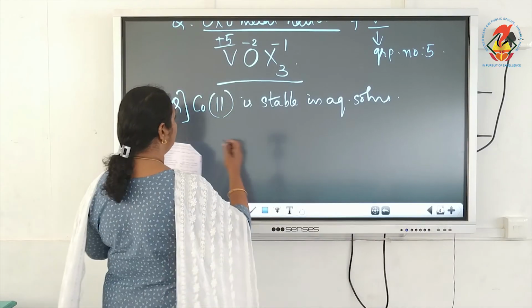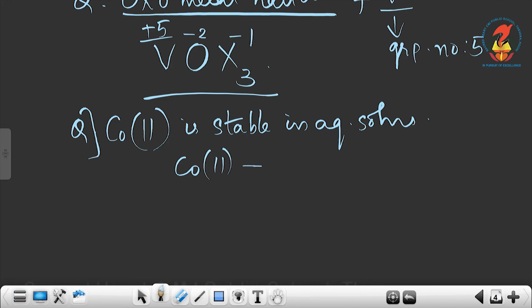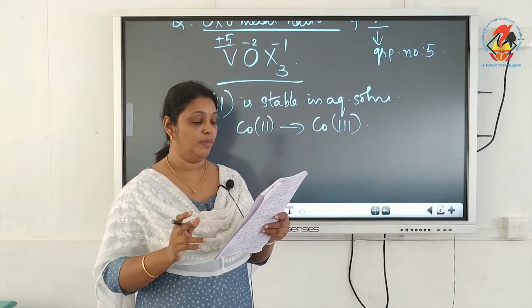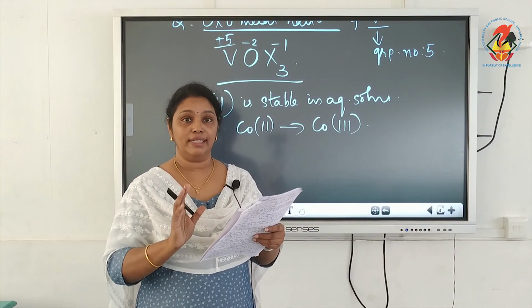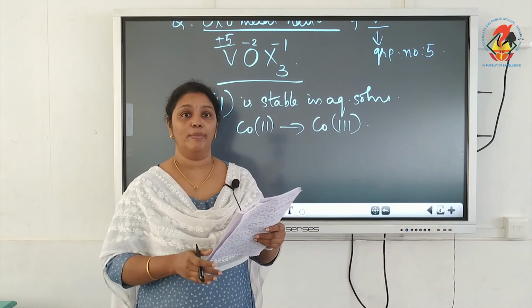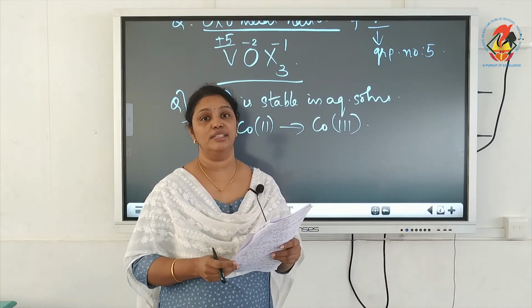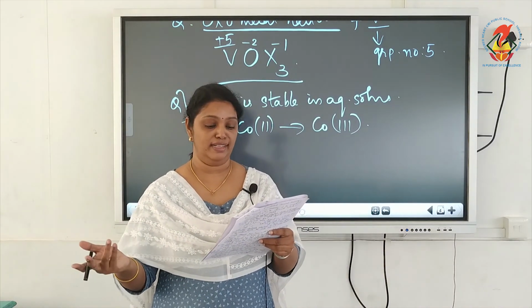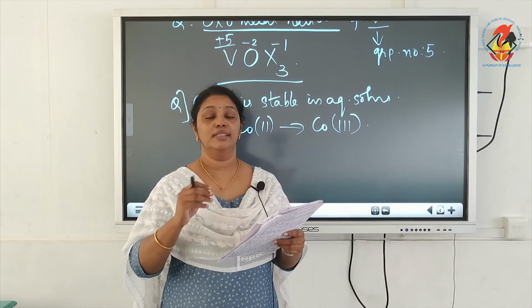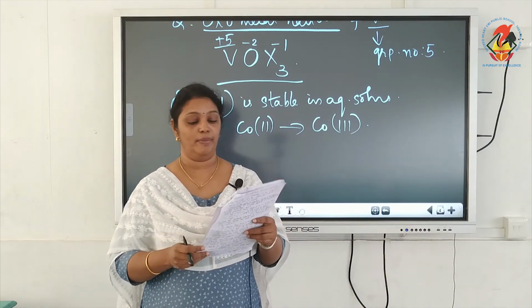We know that cobalt(II) is oxidized to cobalt(III). In the presence of complexing agents, this cobalt(II) gets oxidized to cobalt(III), and cobalt(III) has greater tendency to form coordination compounds with the ligands. So in presence of ligands, cobalt(II) gets oxidized to cobalt(III).